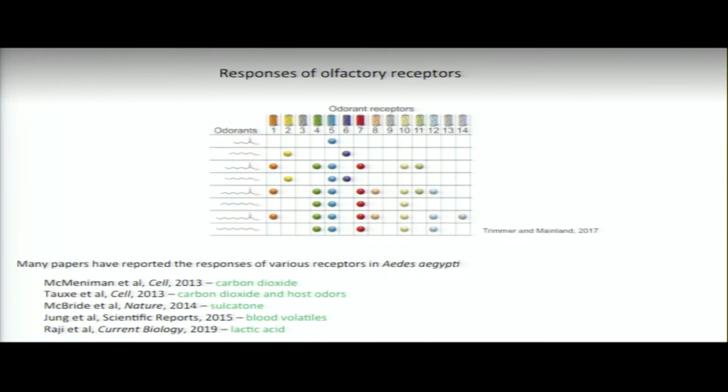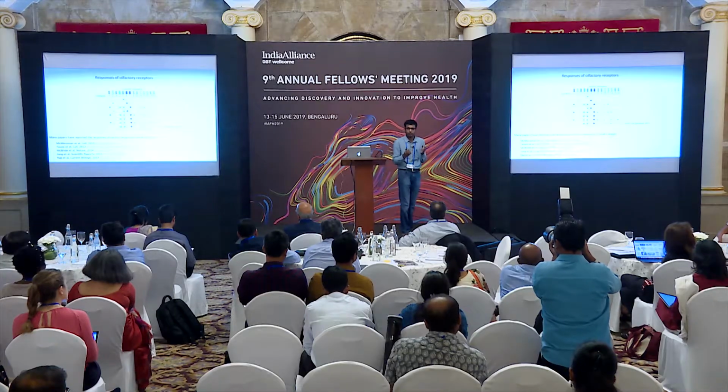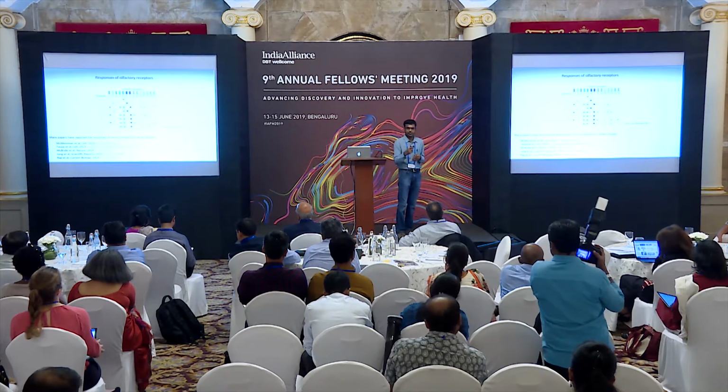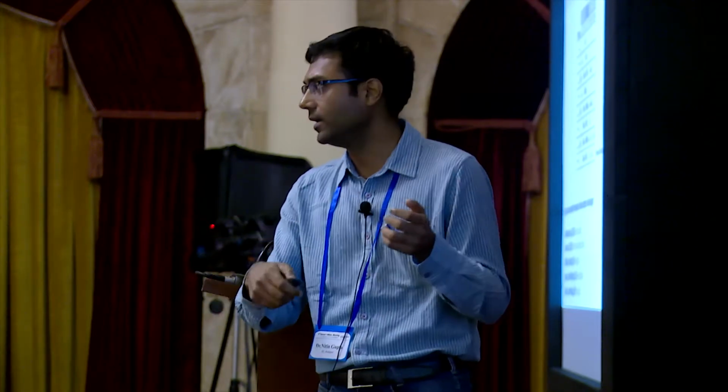One thing that people have been trying to do is, given a table like this that shows which receptor responds to which odor, figure out the similarities among the odors that are detected by the same receptor, so we could predict which other odors will also activate the same receptor. That has been done, and that works beautifully.